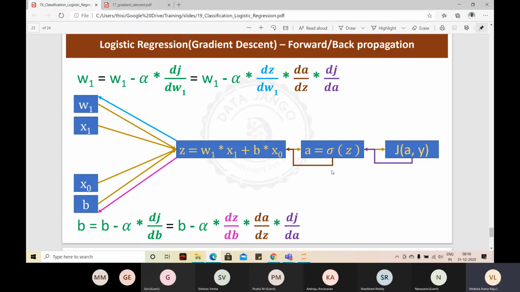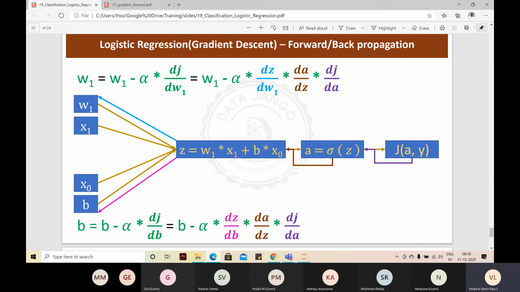To calculate logistic regression, what do we need to calculate first? We need to calculate the linear combination of inputs. And then substitute that linear combination into 1 by 1 plus e power minus of that value.